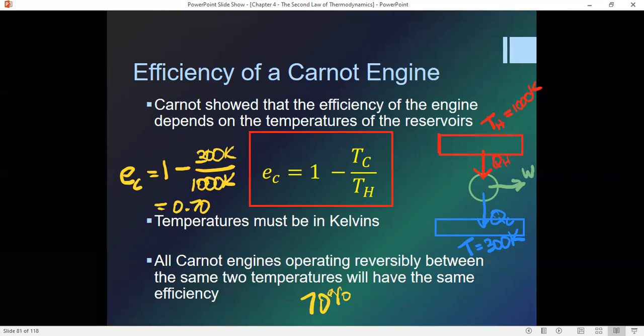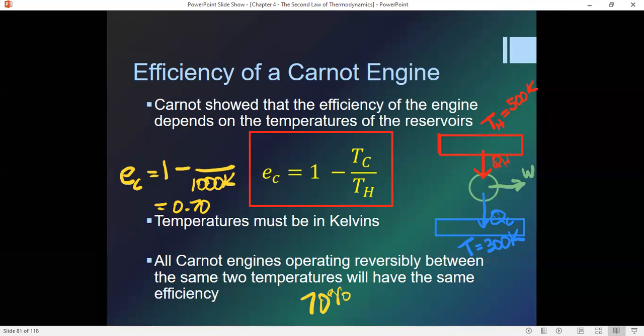Now watch what happens when I lower the temperature. The hot reservoir is not going to be as hot, okay? Most cold reservoirs are around 300 degrees Kelvin, so that's a pretty good number to use. But let's say that I operate at a new temperature of 500 degrees Kelvin, okay? What is that going to do to my efficiency?